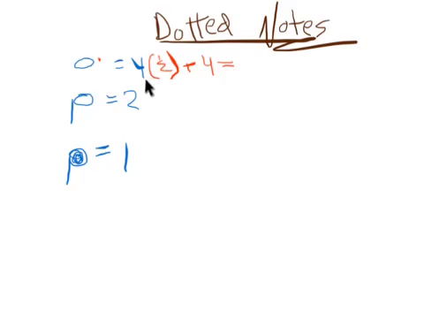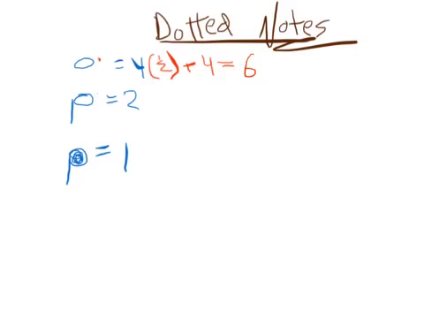So, half of a whole note, which is 4 beats, is 2, because half of 4 is 2. Now, if we add those 2 beats onto the original whole note, we get what? 6 beats. 2 plus 4 is 6. Easy math.